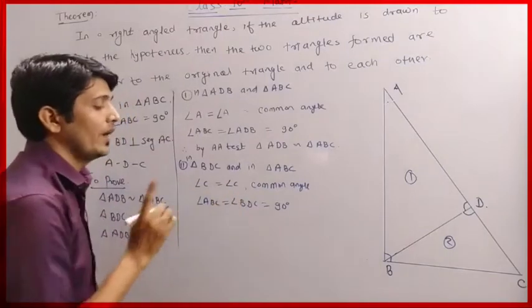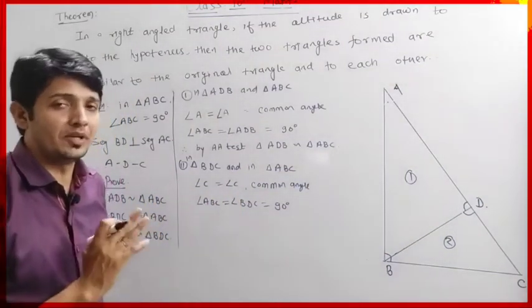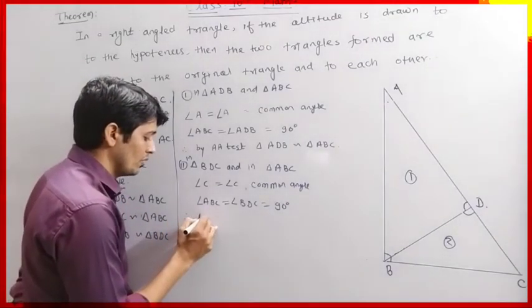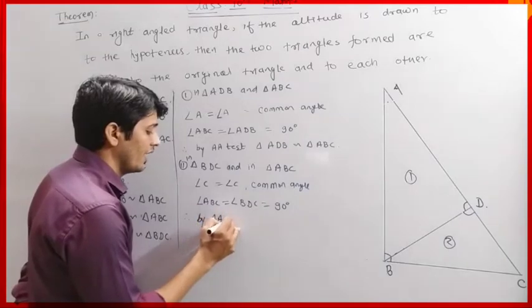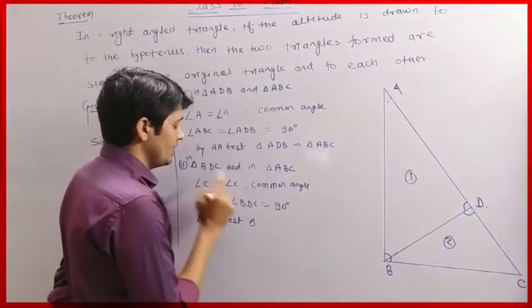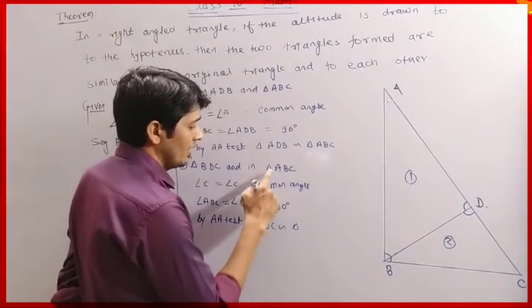Again there are two equal angles in two different triangles, so we can prove them similar by the angle test. Therefore, by the angle test, triangle BDC is similar to triangle ABC.